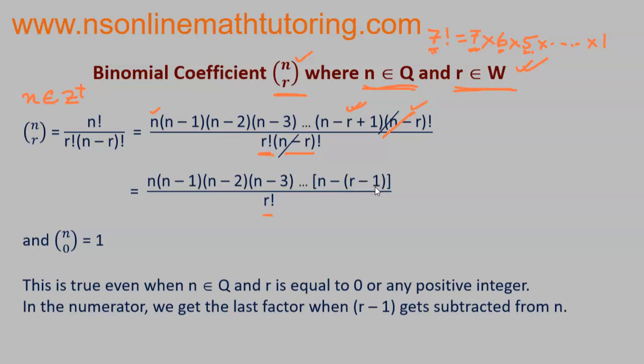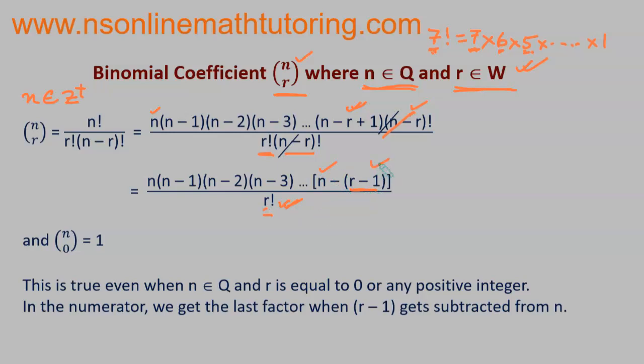So we see that when r factorial is in the denominator, where are we stopping? We are stopping where r minus 1, that is 1 less than the denominator's number, is getting subtracted from n.